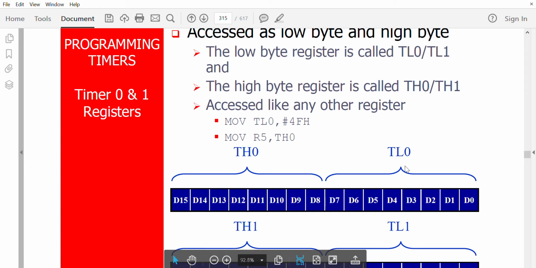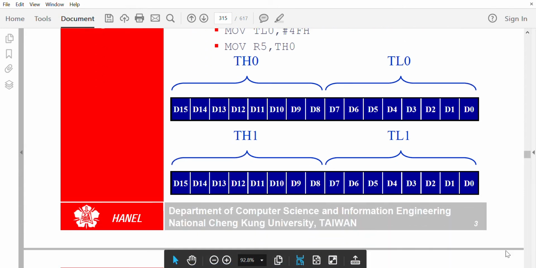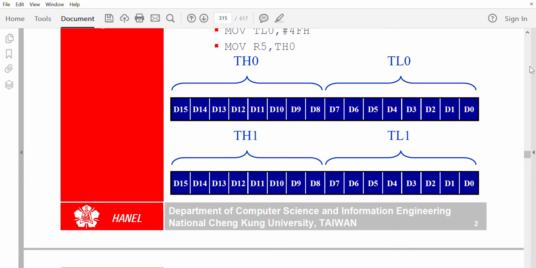So each of TL0, TL1, TH0, TH1 is 8 bits long. So D0 to D7 of timer 0 is TL0 and D8 to D15 of timer 0 is TH0. Likewise, D0 to D7 of timer 1 is TL1 and D8 to D15 of timer 1 is TH1.